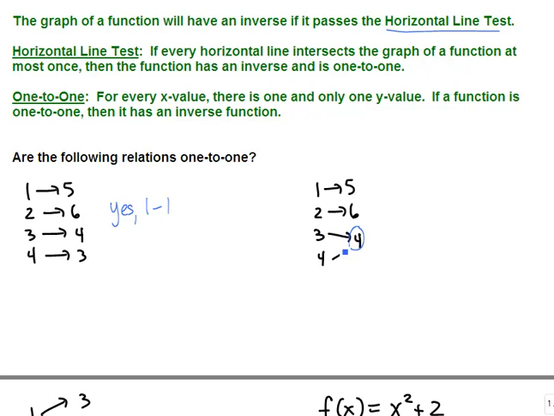It got mapped from 3 and also from 4. So this would not be considered a 1-to-1 function, and so it would not have an inverse function. Okay, so that's what 1-to-1 means. It might have an inverse relation, but it's not an inverse function.